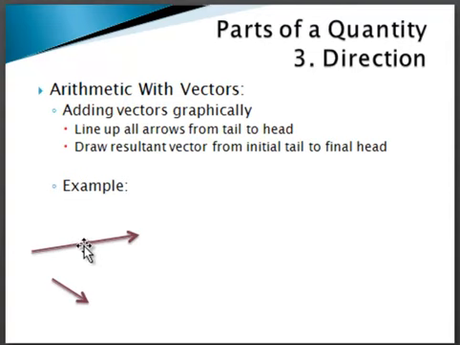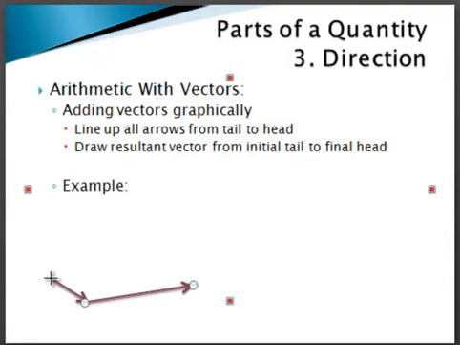If I wanted to add these two vectors together, one thing you can do is move the vectors around and place them end to end. So if I simply move this vector from here to here, it still means the same thing, still the same distance. But now I can draw what's called a resultant vector, and that is the total of these two, or the sum, or our answer, if you will.